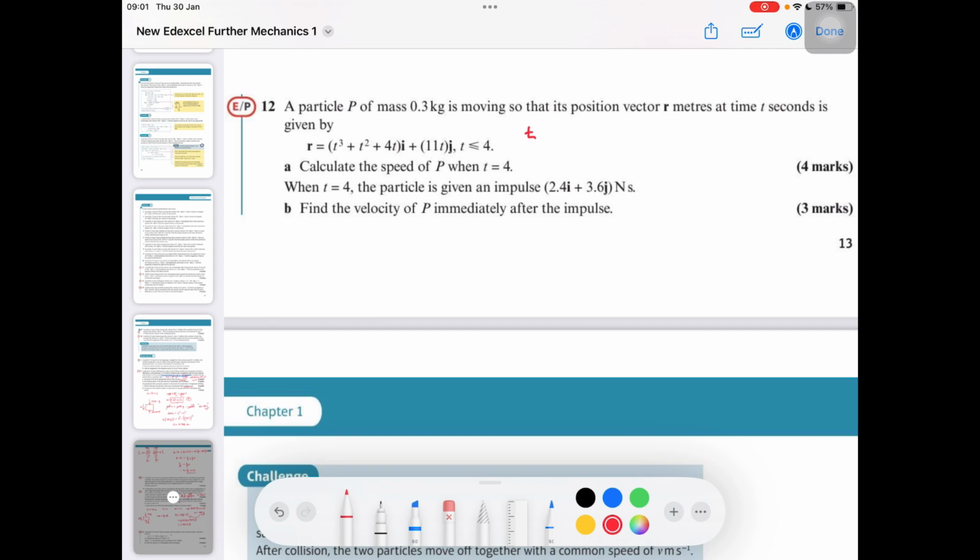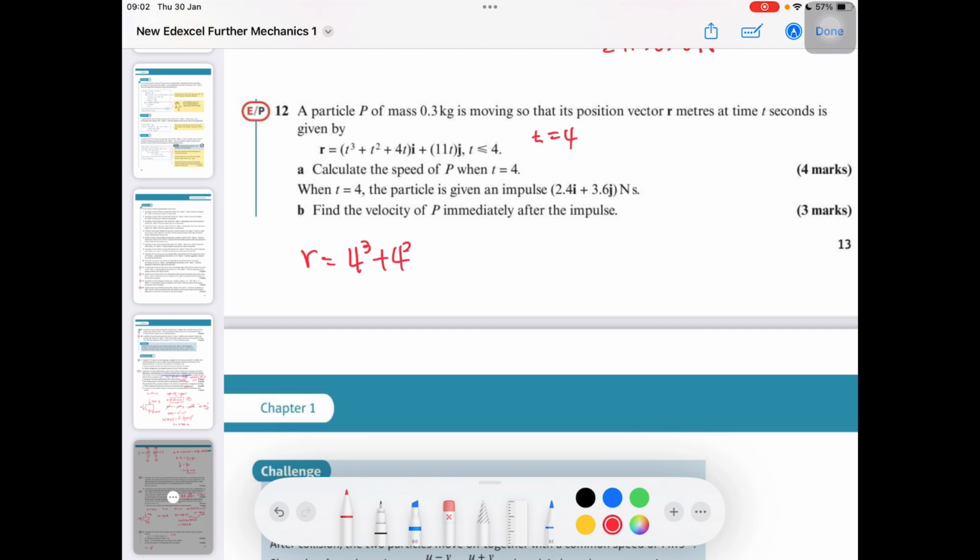When t equals 4, r equals 4 to the power of 3, 4 to the power of 2, 4 and 4, i plus 44j. So speed. Oh, so this is the position at 4.